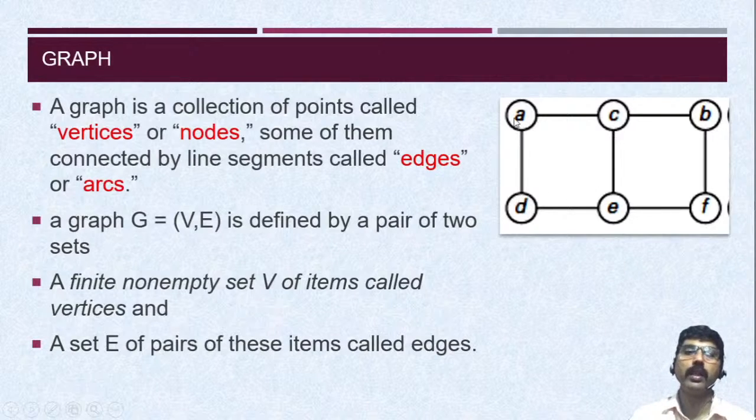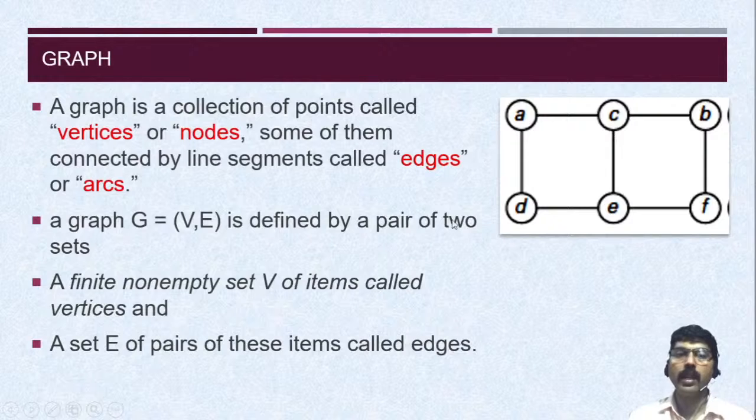For example, see here A, C, B, D, E, F. These are V. E is a set of pairs of these vertices, called edges.